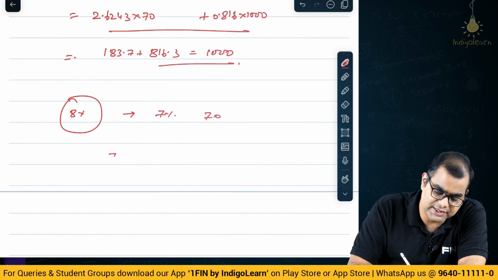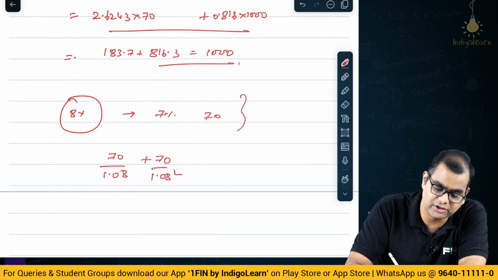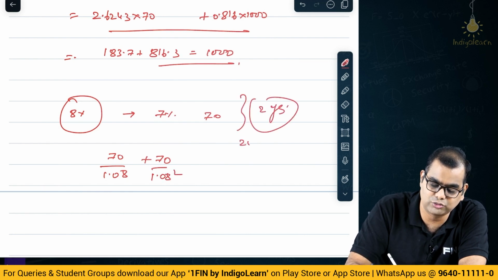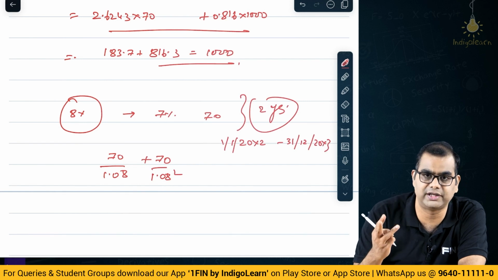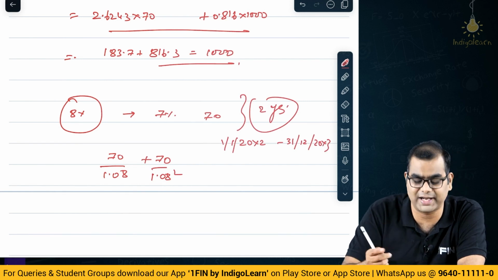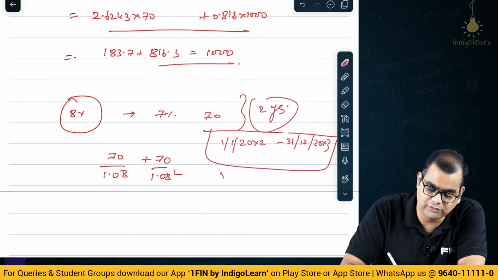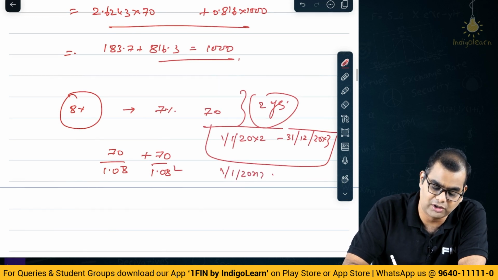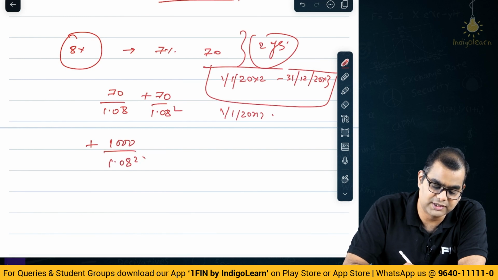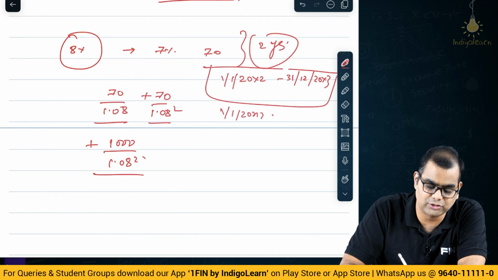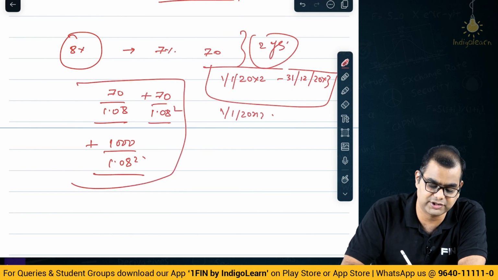So, what will happen? 70 by 1.08 plus 70 by 1.08 whole square. This is for 2 years. Why 2 years? From 1/1/20x2 to 31/12/20x3. It's a 3-year bond, of which 1 year is over. So, balance 2 years, you are finding out the price. You are on 1/1/20x2. So, the price will be 70 by 1.08 plus 70 by 1.08 whole square plus 1000 by 1.08 whole square.